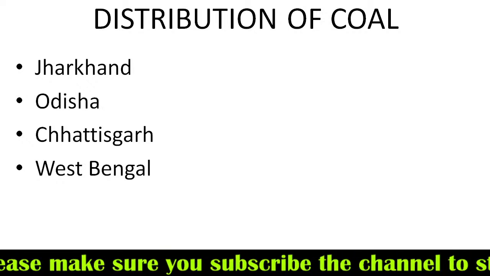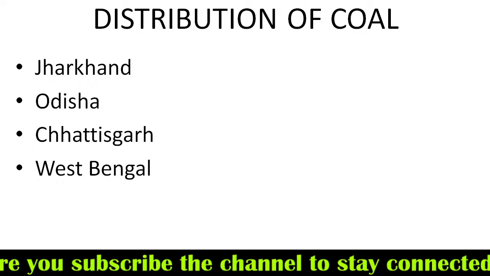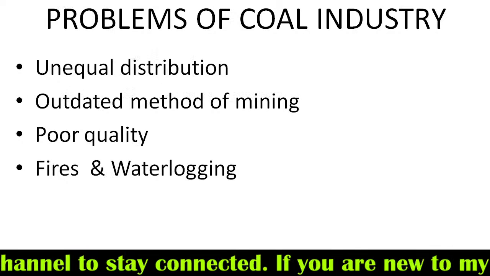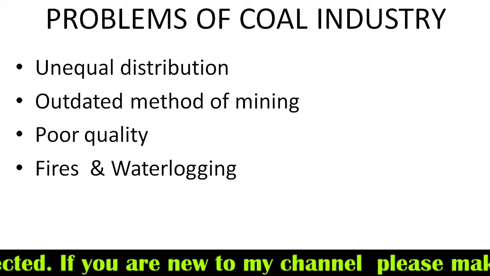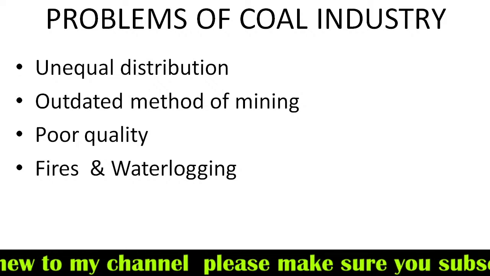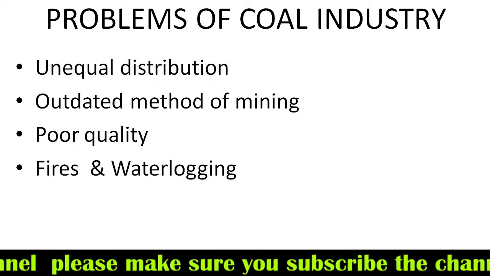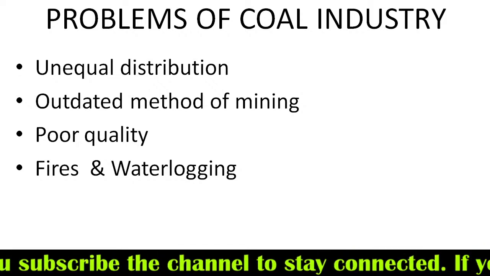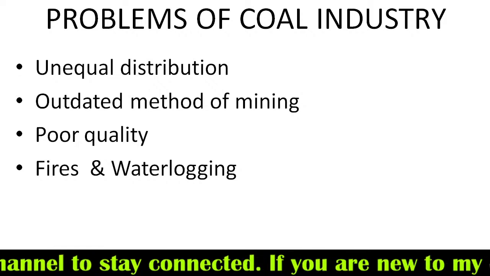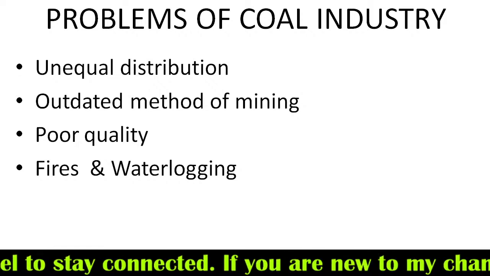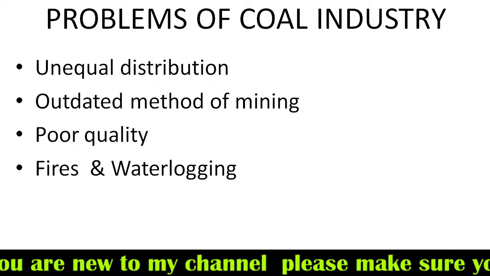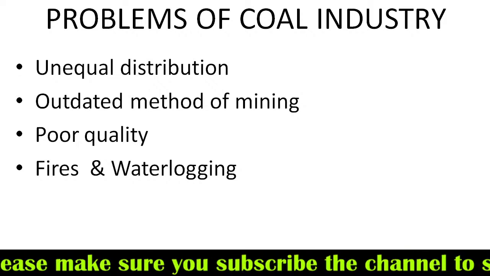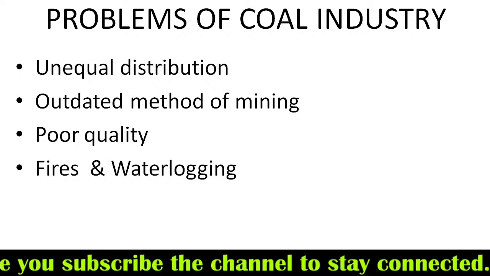Now the next prominent point is the problems of coal industry. Now if you see in the coal industry, what are the problems we are facing, means in coal mines. So coal plays a prominent role in the industrialization of the country, but coal is not available in the same percentage uniformly throughout the nation.